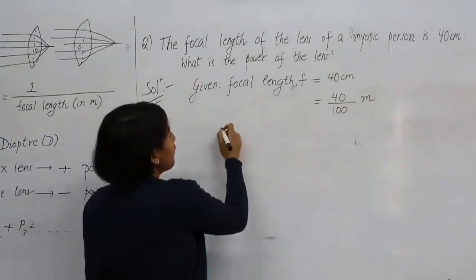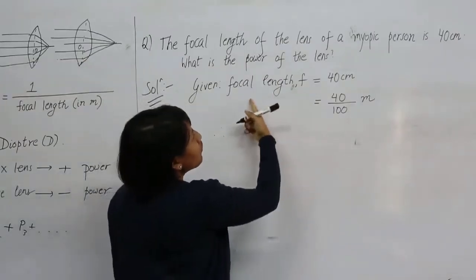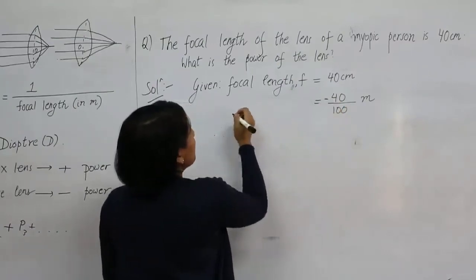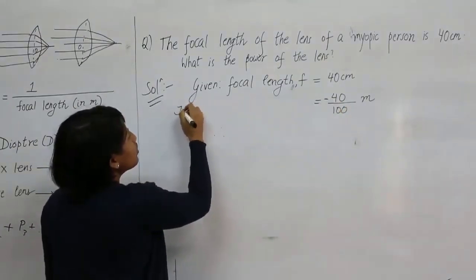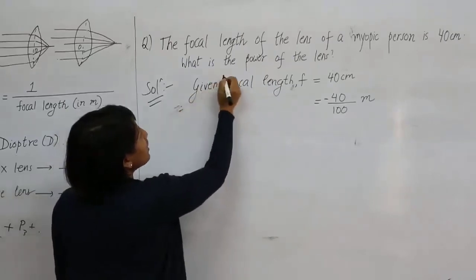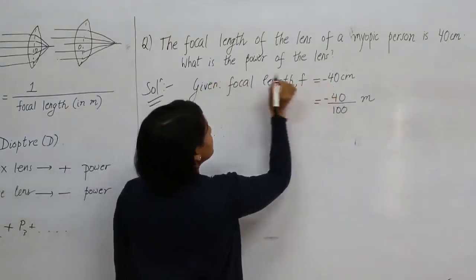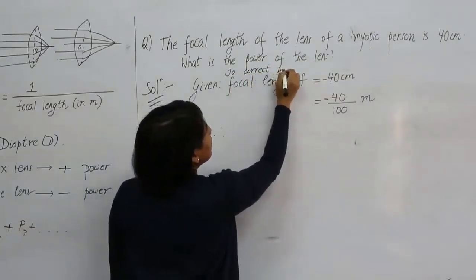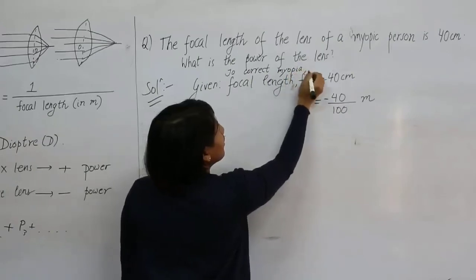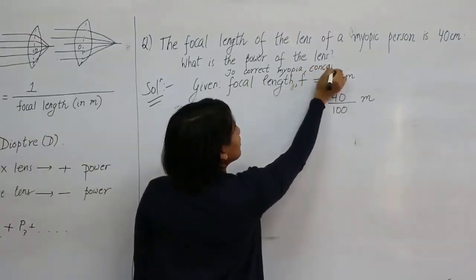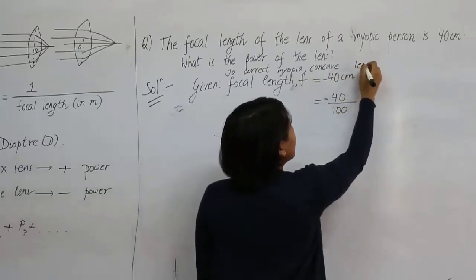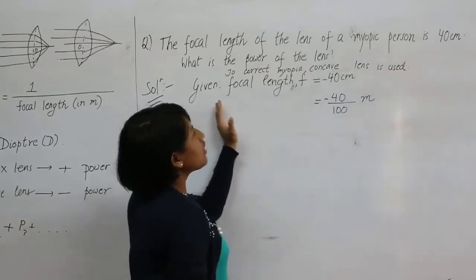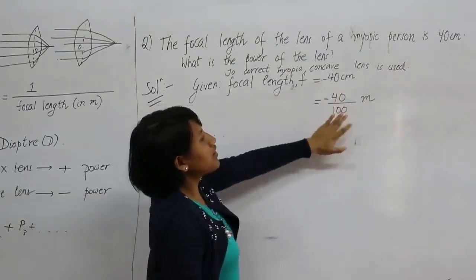Also, the focal length of a concave lens is negative, so we write a minus sign before this. To correct myopia, concave lenses are used, and then you can write the sign.